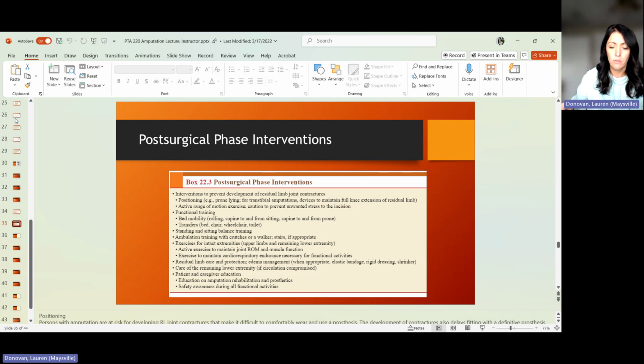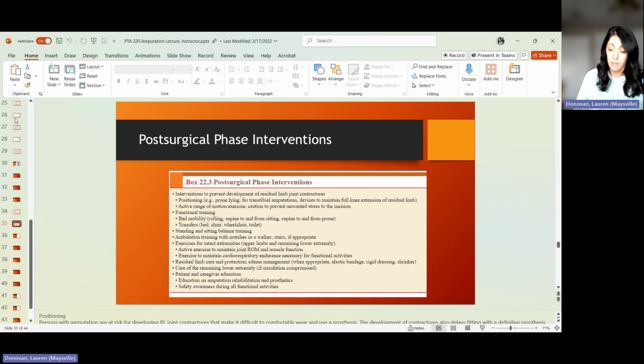Here are some other post-surgical phase interventions as well. We just want to definitely make sure they're not having any contractures and that we're doing everything we can for the healing, so that when they do receive their prosthetic, they'll be ready to go pretty much. It says we should encourage them to lie prone 30 minutes a day.